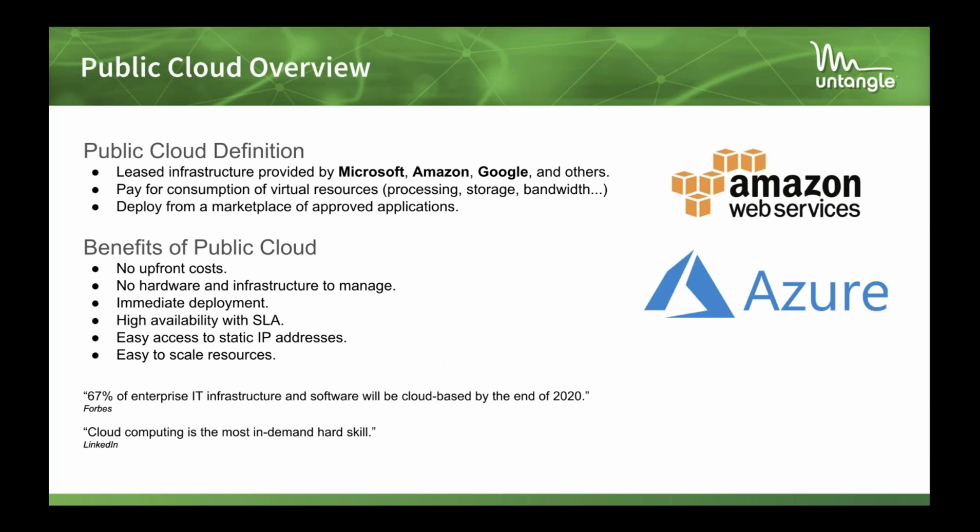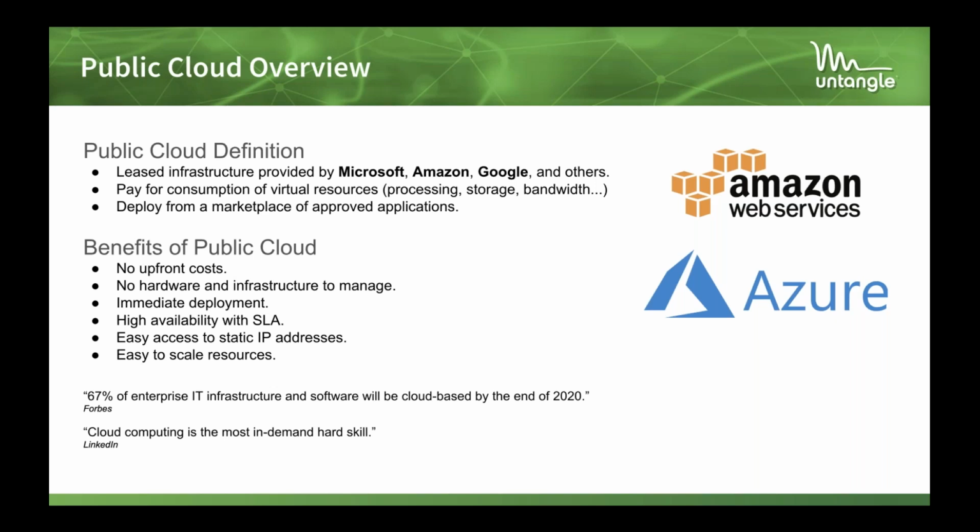So just a brief definition here of public cloud. It's leased infrastructure provided by Microsoft, Amazon, Google, and a few others. In the context of NG Firewall, we're mostly going to be talking about Azure and AWS, since those are the two platforms we support. As far as the payment, it's based on consumption, so it's really just what you use in terms of your virtual resources, being processing, storage, and bandwidth, among other things.